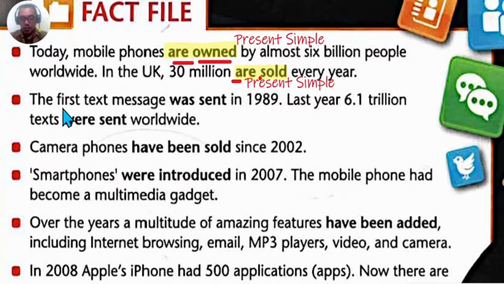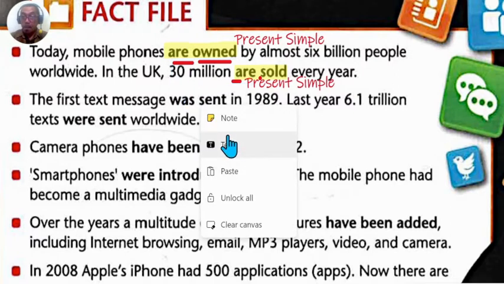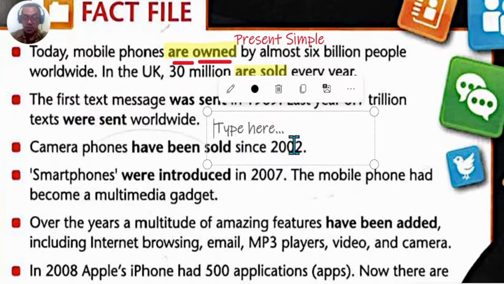The next sentence: the first text message was sent in 1989. Last year, 6.1 trillion texts were sent worldwide. So this is the past simple passive voice, or simple past.